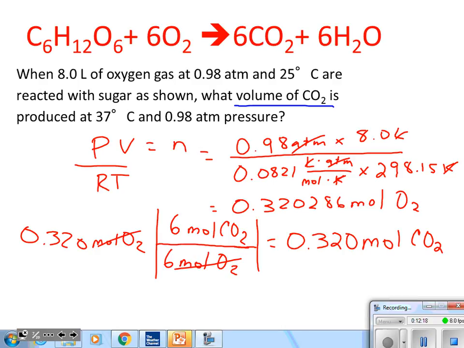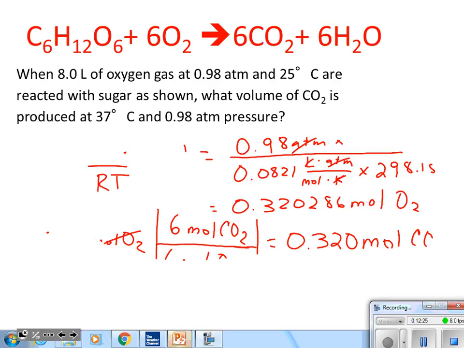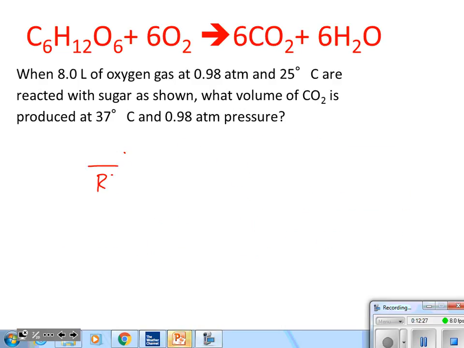So what I'm going to do, I'm going to get rid of this stuff, but I keep the mental of the 0.320, but I need to solve for volume now.